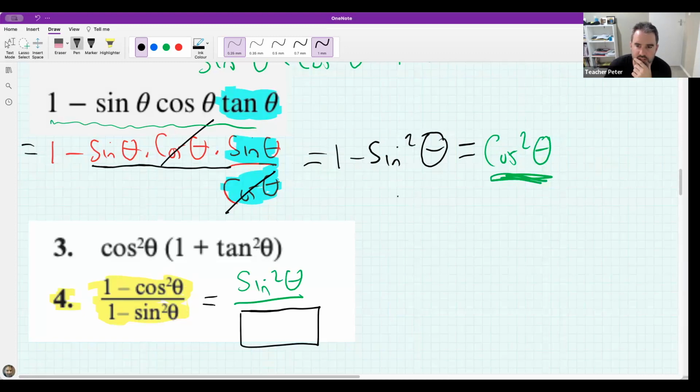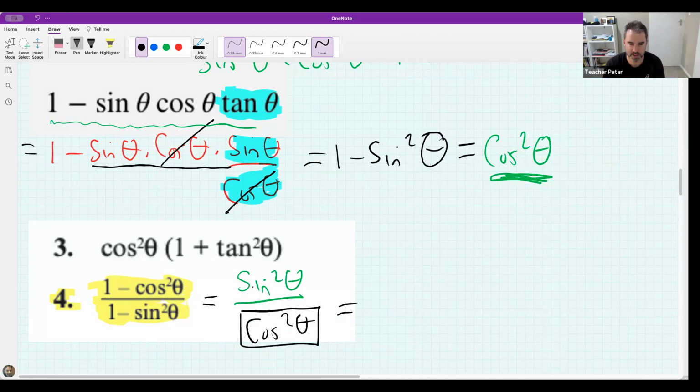Well, if I look at this, I've seen already this has to be cos squared theta. So what's my final answer going to be? What is my final answer going to be?